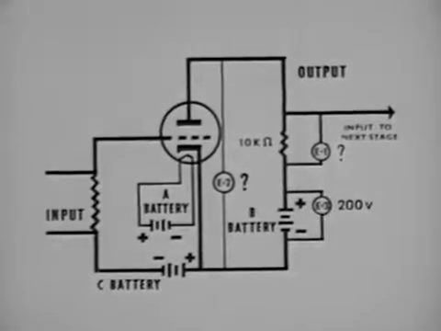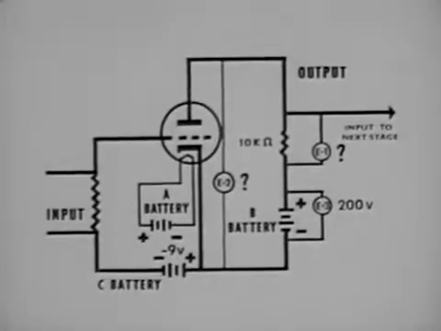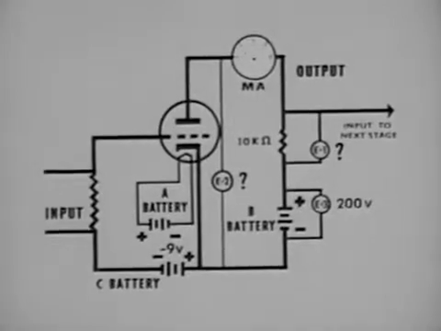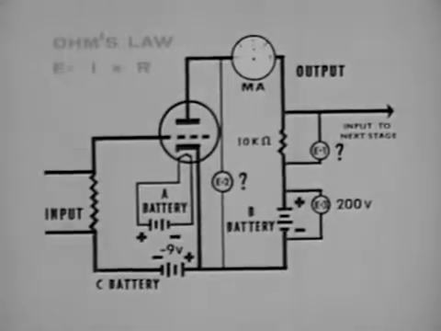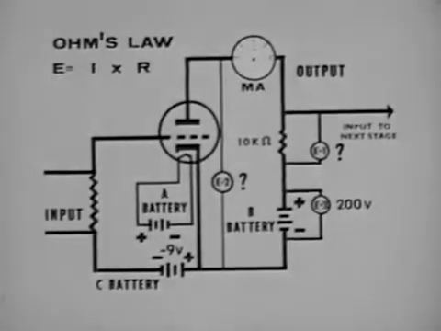Therefore, we must first compute E1. Let's say that the bias is minus 9 volts, resulting in a static plate current of 6 milliamperes. The input signal has an amplitude of 1 volt.